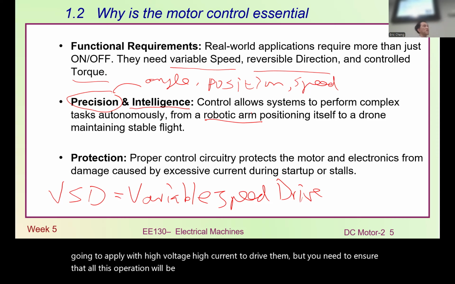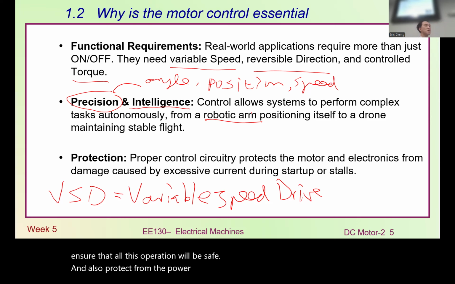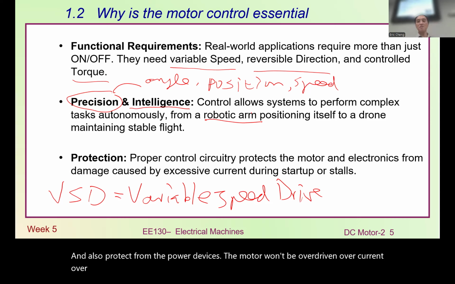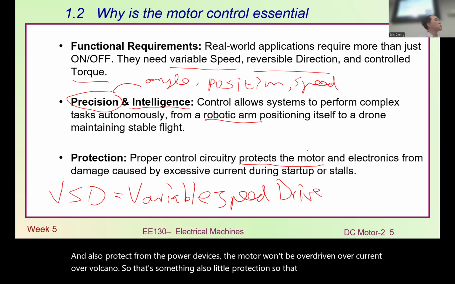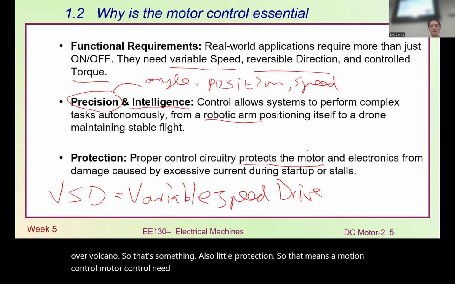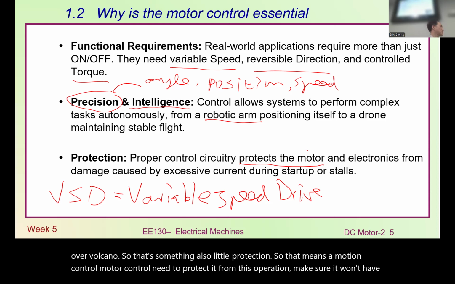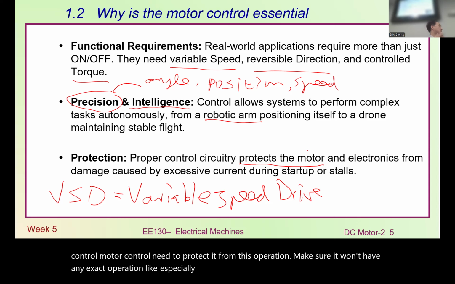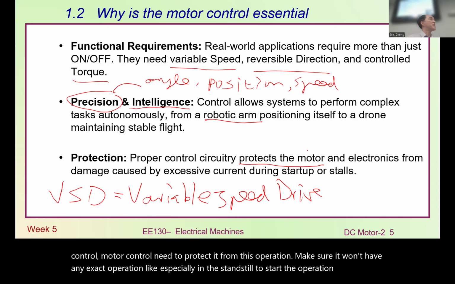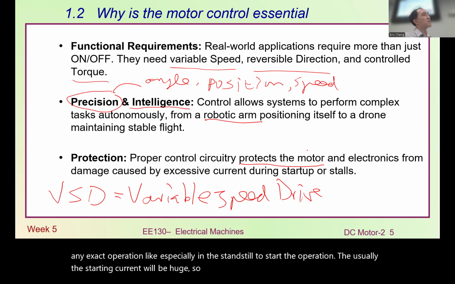Also protect the power devices, so the motor won't be over-driven, over-current, or over-voltage. So that's something that also needs protection. Motion control and motor control need to protect against excess operation, especially from standstill to starting the operation, where usually the starting current will be huge. So we also need to protect from that.